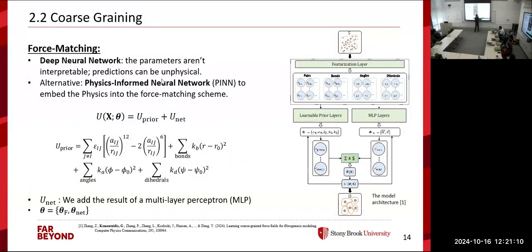You compute the potential, and then you match it with the average forces from the all atom simulation. And the goal is that over time, this network, with backpropagation, will fine-tune the coefficients in such a way that they're going to reflect the actual all atom simulation.